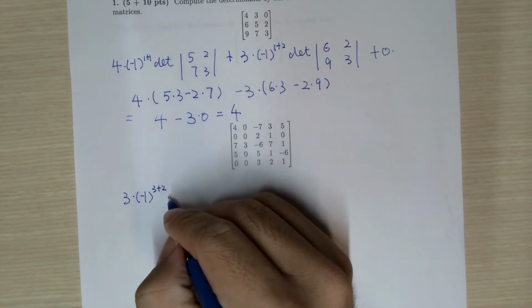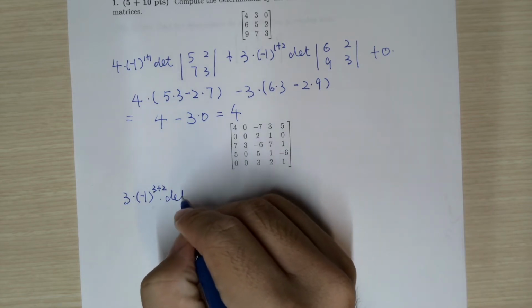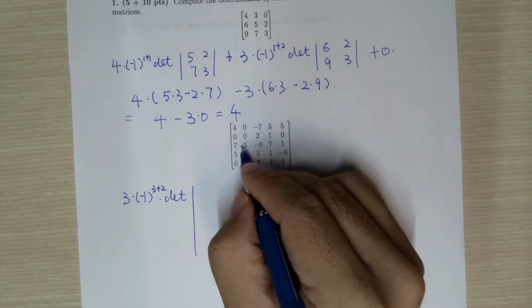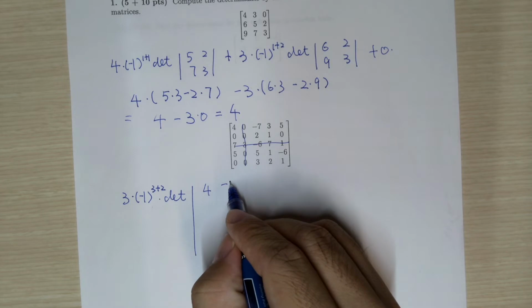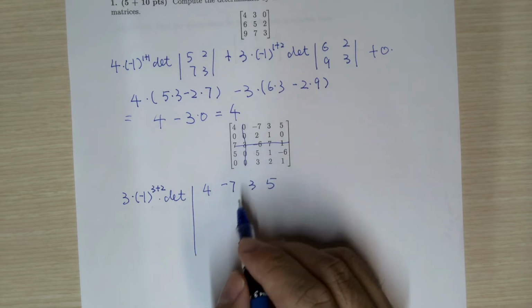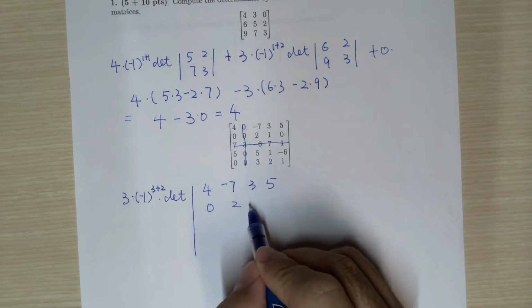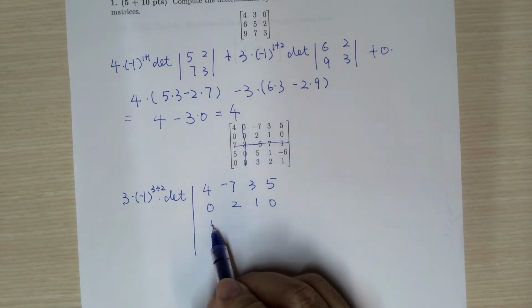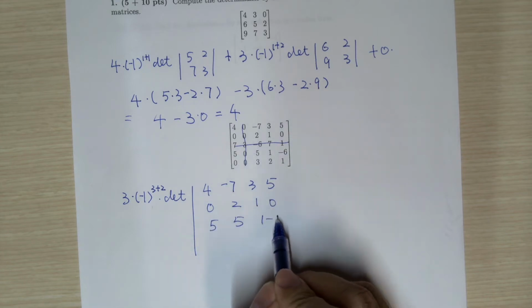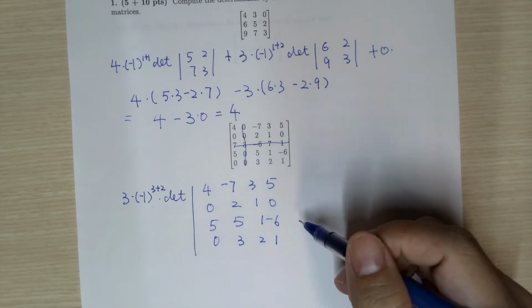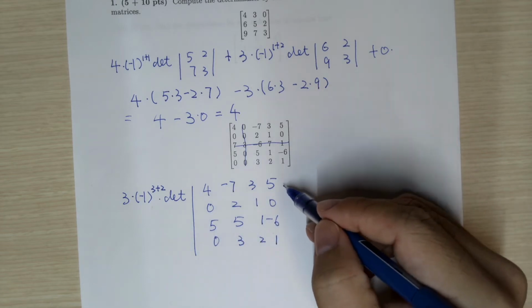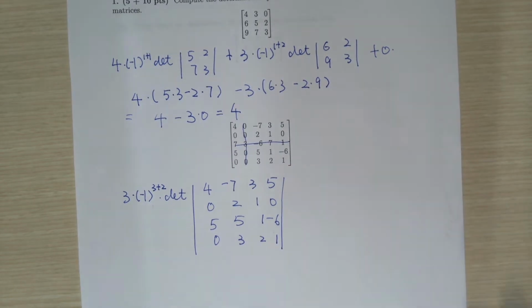And then times the determinant of this, so it's 4, negative 7, 3, 5, 0, 2, 1, 0, 5, 5, 1, negative 6, 0, 3, 2, 1, right? Okay, so that's what we need to do.